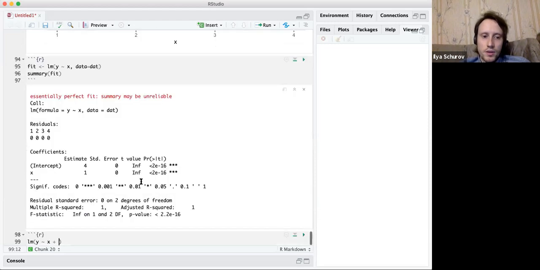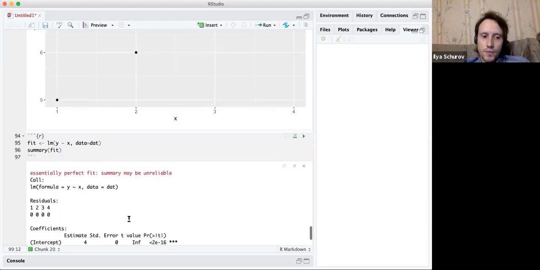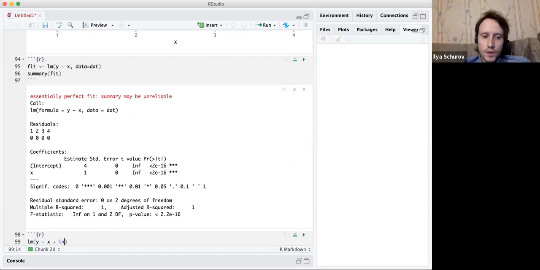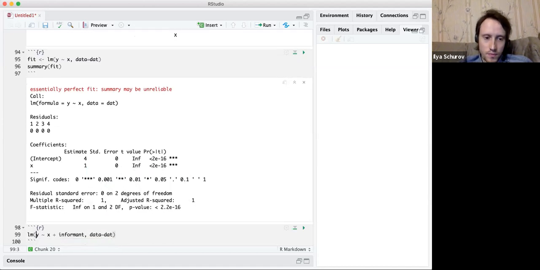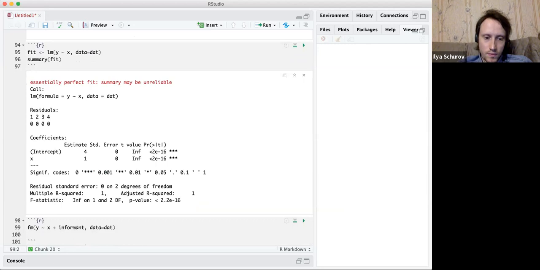Let me add this column to my regression model, without any random effects and so on, just as usual. What do you think the result of this model will be?